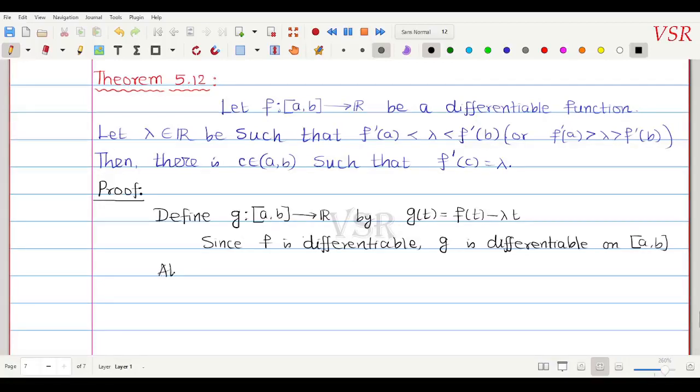Also, g dash of t we can calculate: differentiating, we get f dash of t minus lambda.